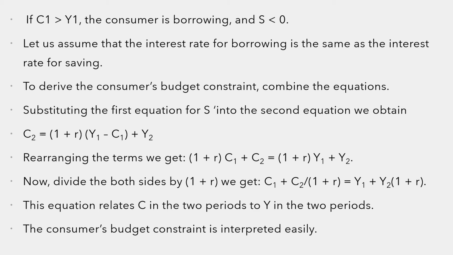Now just divide both sides by 1 plus R, so that we get C1 plus C2 divided by (1 plus R) is equal to Y1 plus Y2 divided by (1 plus R). This equation relates consumption in the two periods to income in the two periods. The consumer's budget constraint could be interpreted very easily.